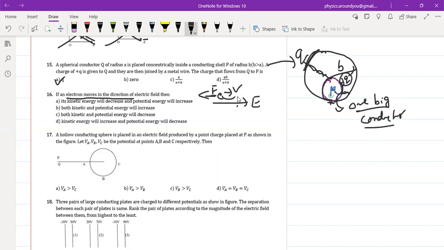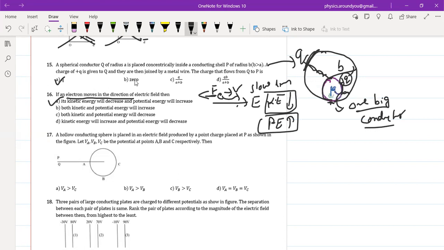As a result, what will happen? The electron will always slow down. In other words, its kinetic energy is going to come down. According to conservation of energy, if kinetic energy comes down, definitely potential energy has to go up. So kinetic energy will decrease and potential energy will increase.